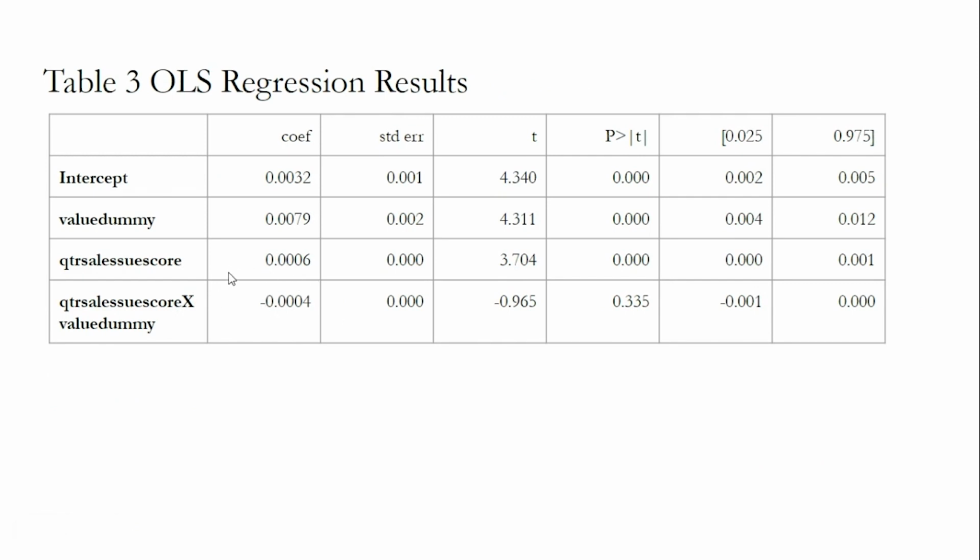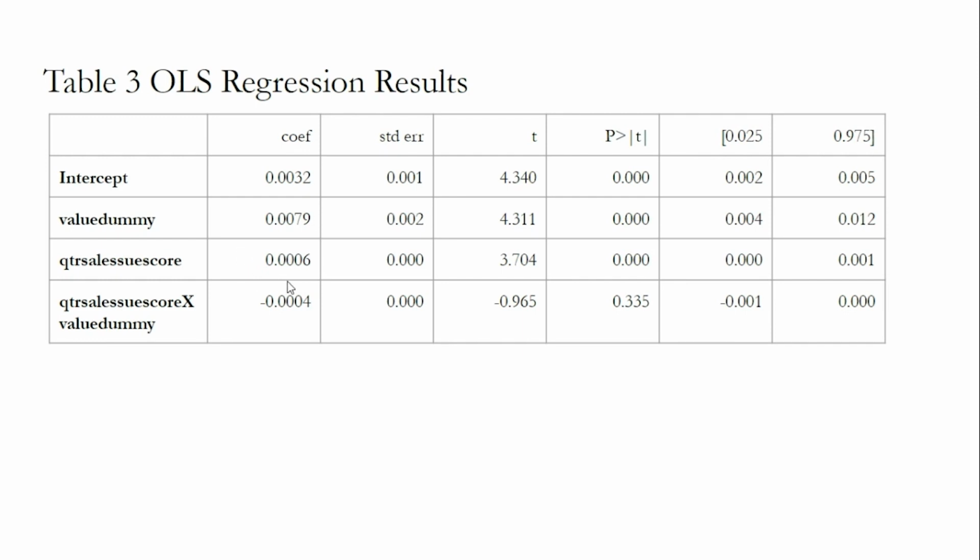Right? So the response for value companies is about 0.0002, because it's 6 minus 4 here, so it's 0.0002 for value companies, and the 3-day return in response to a 1 standard deviation beat of sales for growth companies is about 0.0006, right?